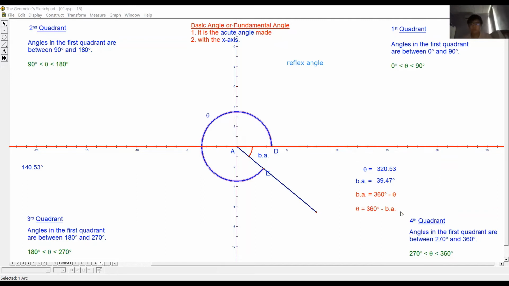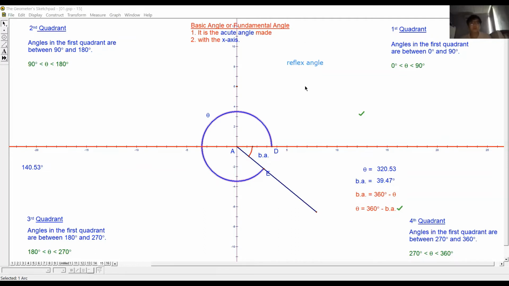You use 360 degrees minus the basic angle, and you will get the angle in the fourth quadrant. Is this okay? Use 360 minus the basic angle, and you'll get this one.